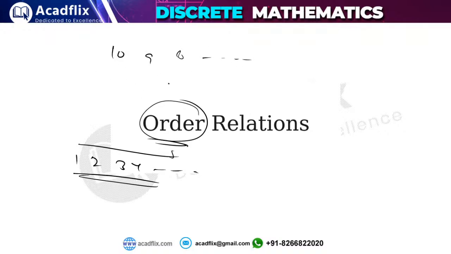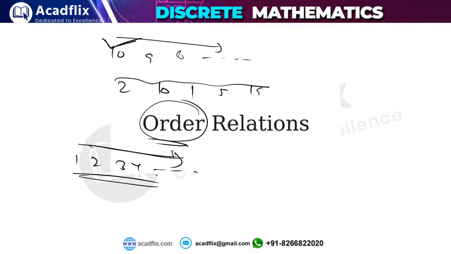If I randomly write anything, like 10 1 5, this is unordered. I am just writing whatever is coming to my mind. So this is unordered, but this is ordered, with decreasing order and increasing order.